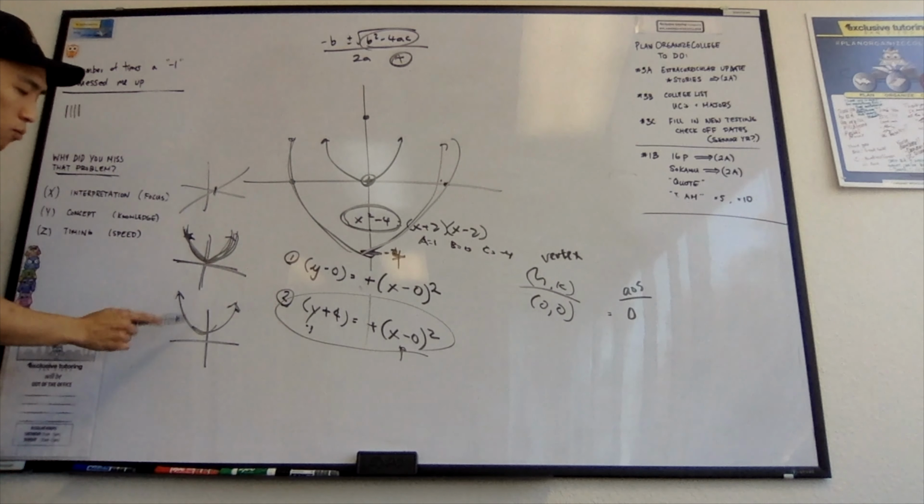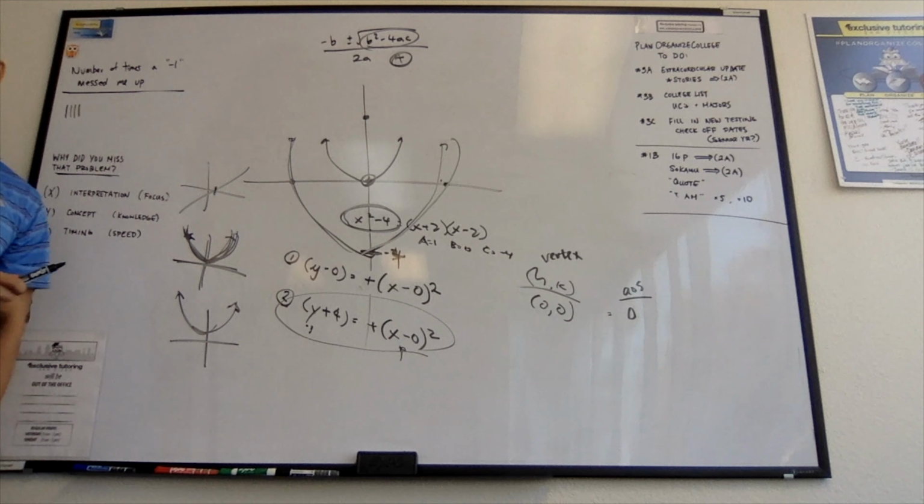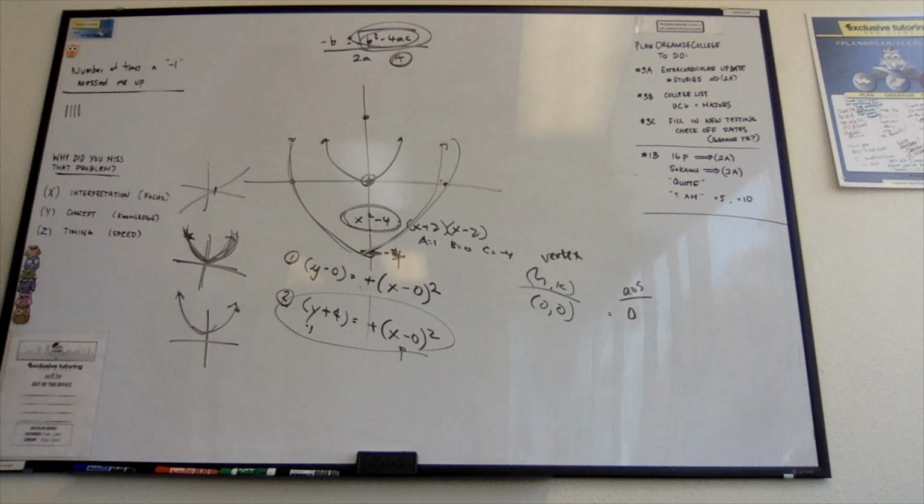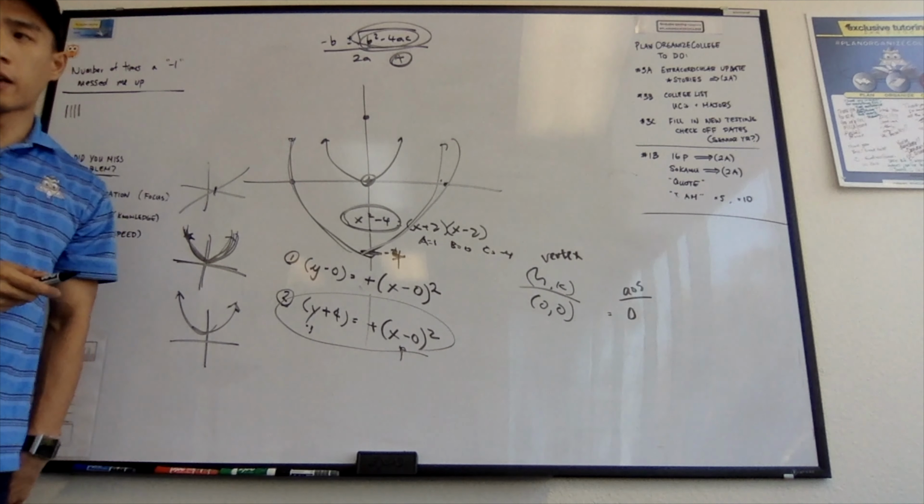But what does it mean when I have a graph that's floating like this? What does that mean about this? The discriminant has a value of what? There's 3 different things that can happen.